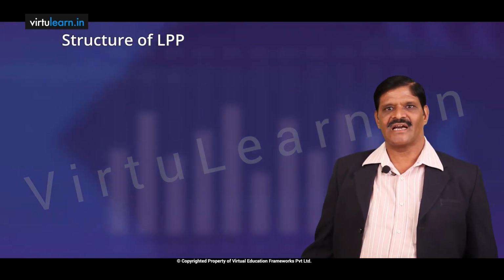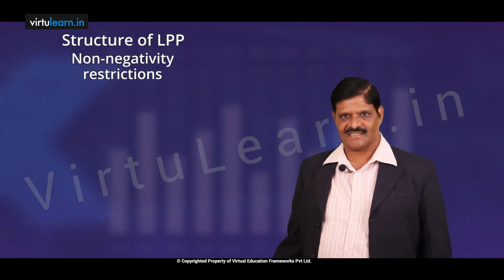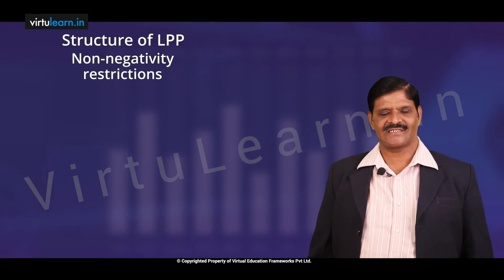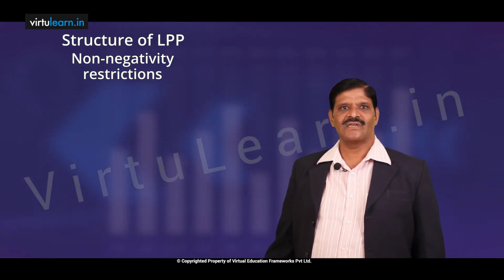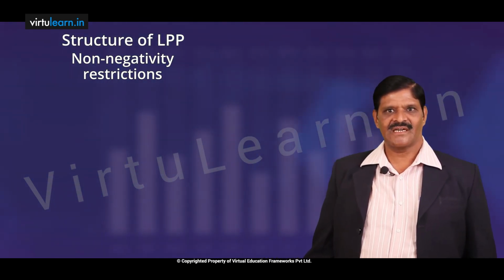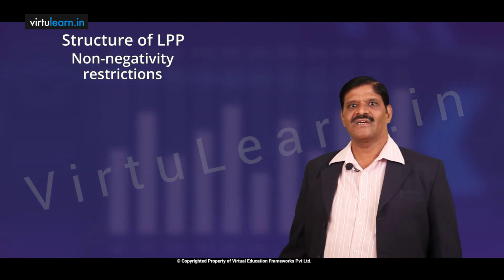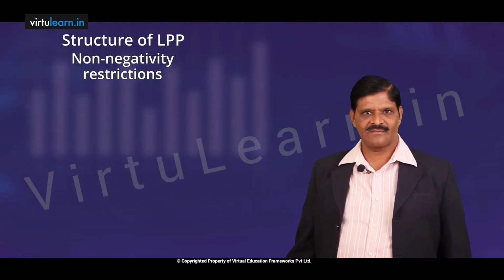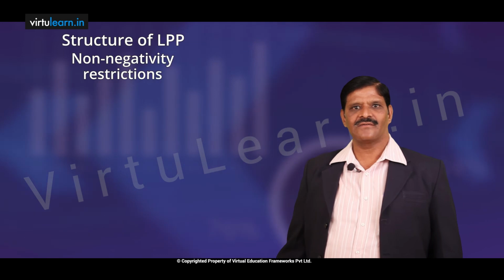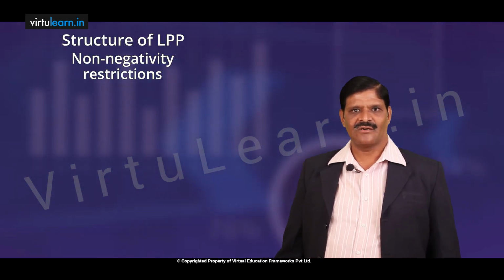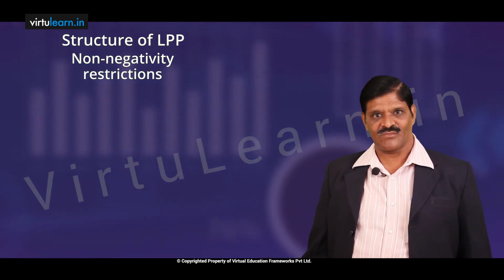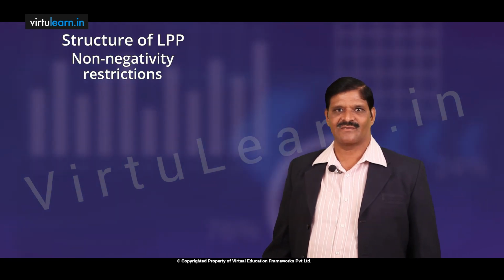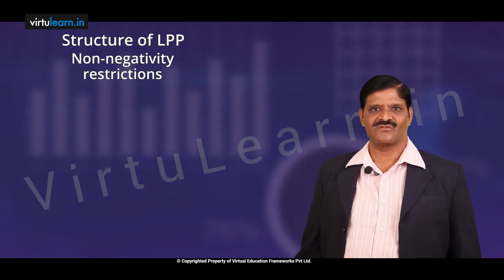Similarly, we have non-negativity restrictions. What non-negativity restrictions indicate is that there are certain variables which will never assume negative values. For example, when we ask about production, at the least it can be 0, or it can be a positive number.